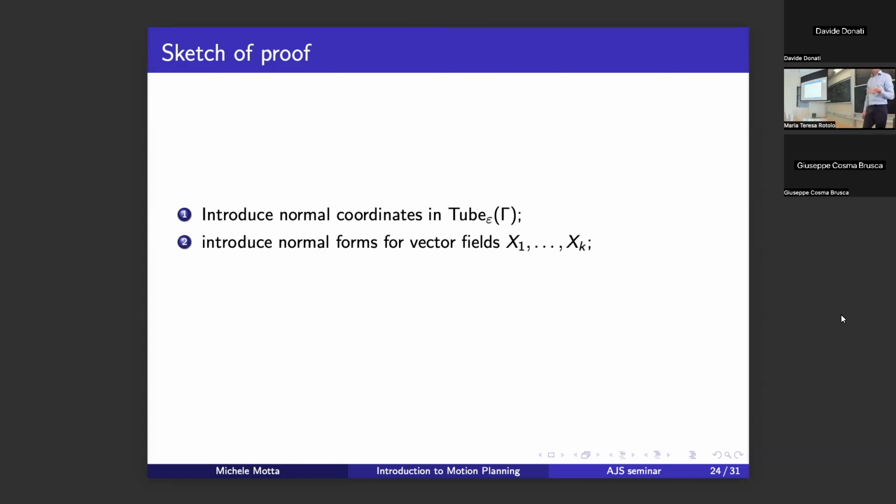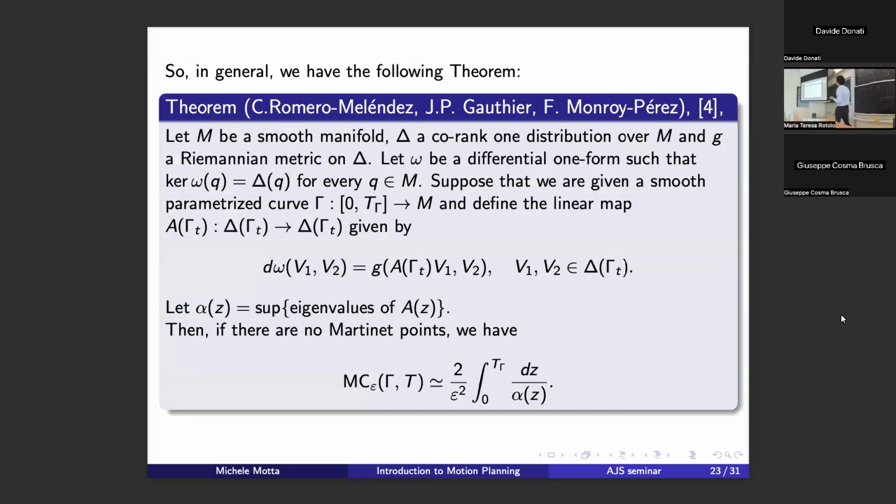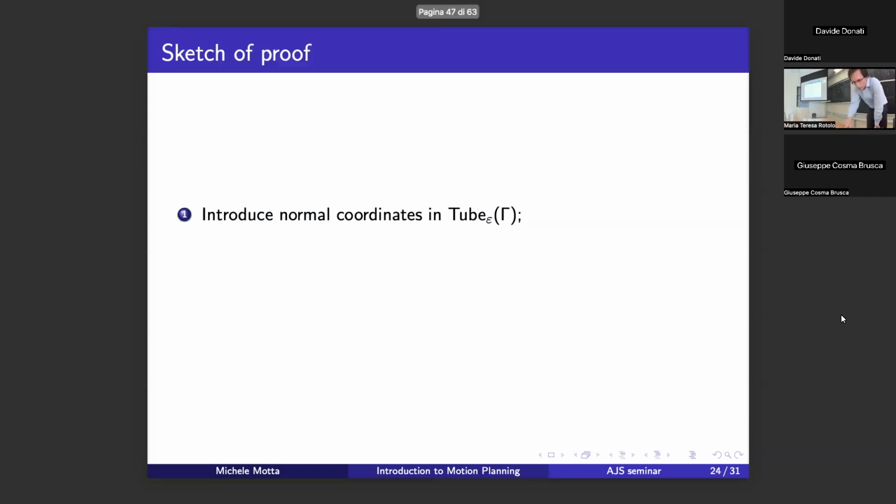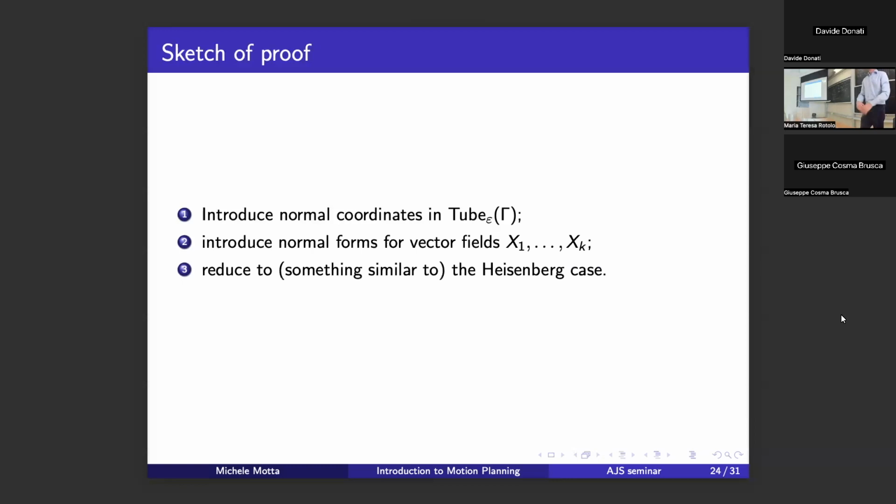And then you can also find a normal form for the admissible vector fields. And this corresponds more or less to diagonalizing this matrix here. And then you end up with something that is not really the example that I showed you now, but is something very close. And so you can more or less make the same computation.